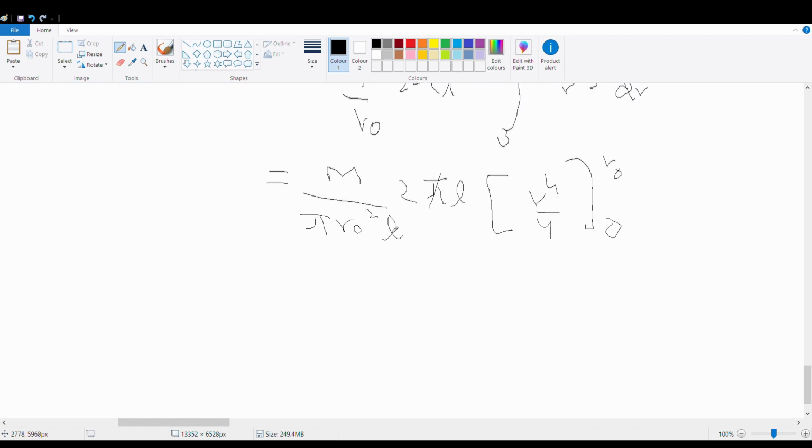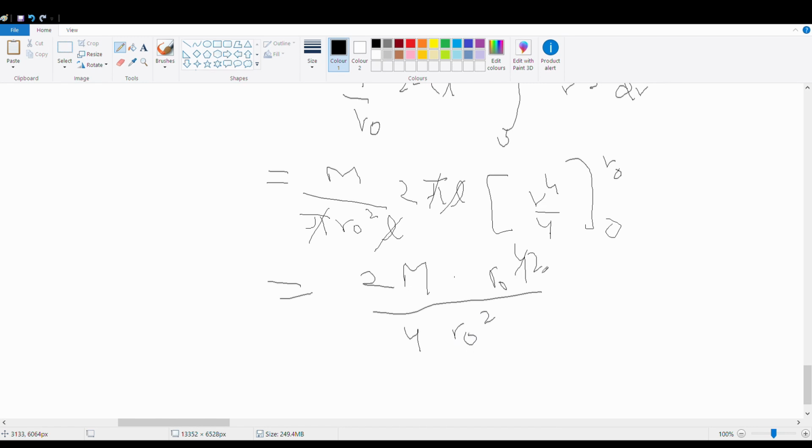Okay, so we're going to cut pi, we're going to cut l, and we're going to write this as 2m by r naught raised to 4 by 4 r naught square.